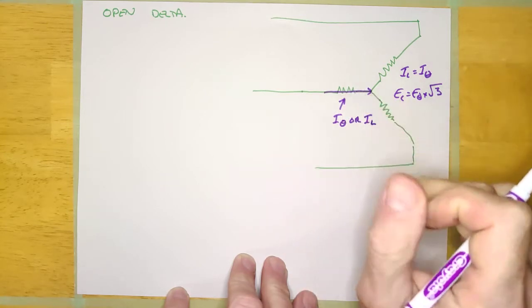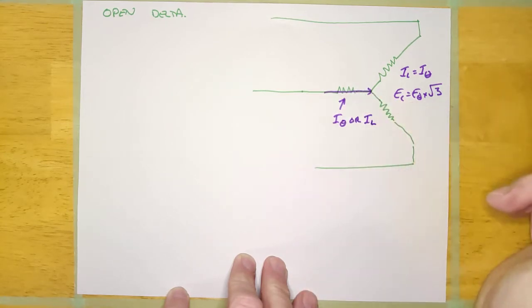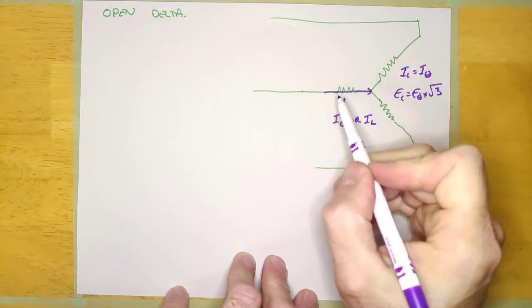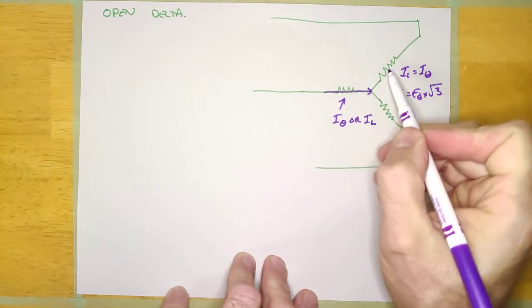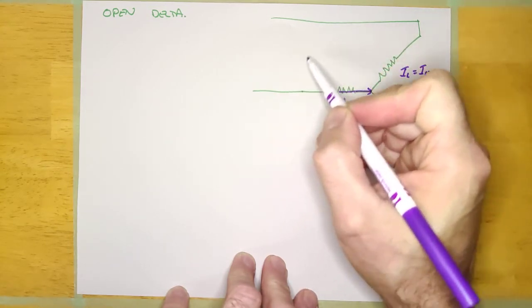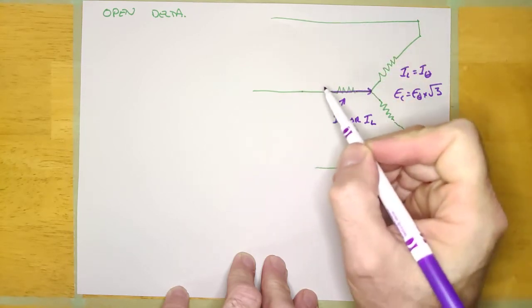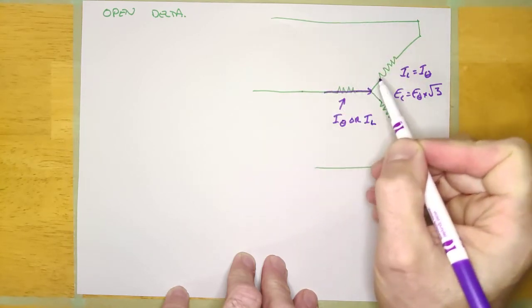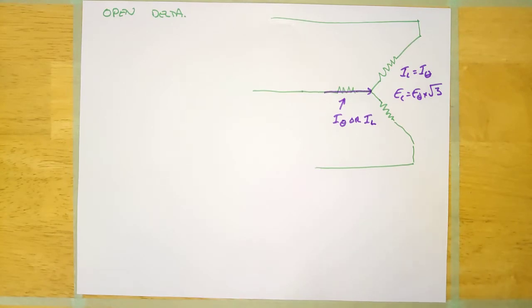Now, that's cool, but let's take a look at E line for a minute. If I took two of these phasors and tried to figure out what the voltage from line to line would be, it would be the phasor sum of these two. And if I drew those two phasors, let's get some good colors out here.